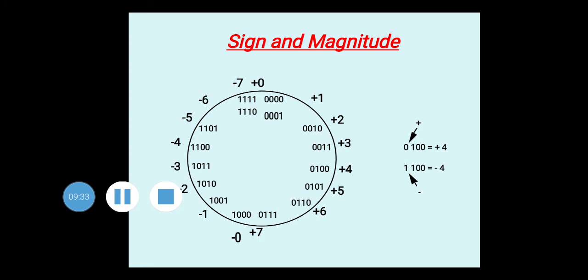Now if you want that number to be minus 4, to be negative, then the MSB bit is converted from 0 to 1. Check here, the arrow has been marked, so it becomes 1100. This is your sign and magnitude representation of a binary number. I hope you have understood sign and magnitude representation.